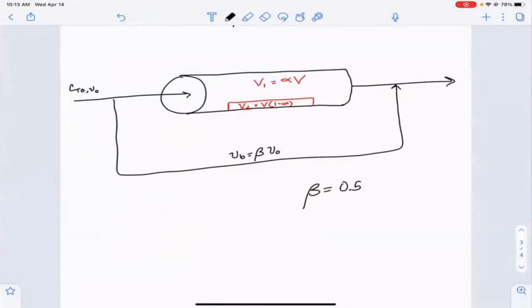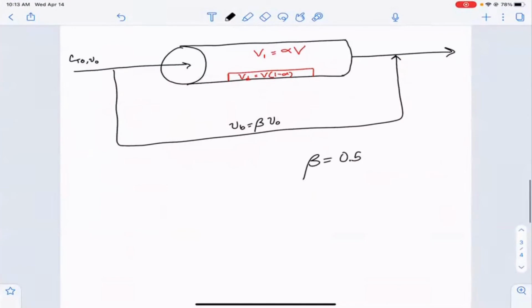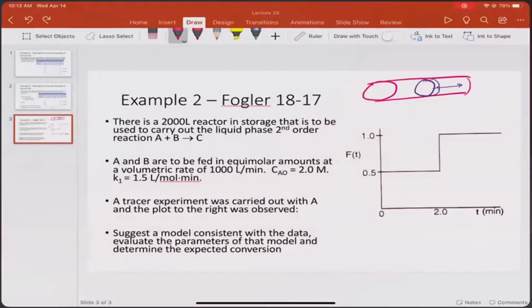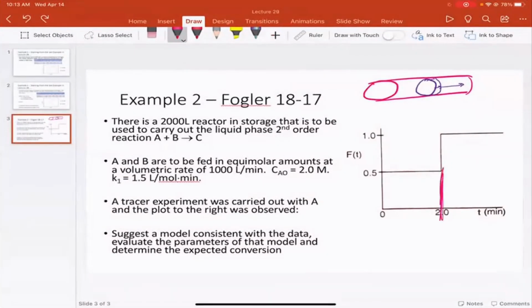Excellent. So now what about alpha? How are we going to find alpha? Well, the most natural way to find alpha is somehow from this volume. And to find alpha, the only other piece of information we really have at our disposal is the residence time here, which is 2 minutes.